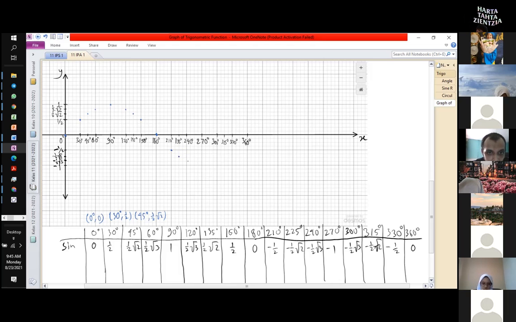And then for 240, it's around here. And so on until you mark all of these points. And then continue. So next is 300 degrees. And then 315, 330, and 360.